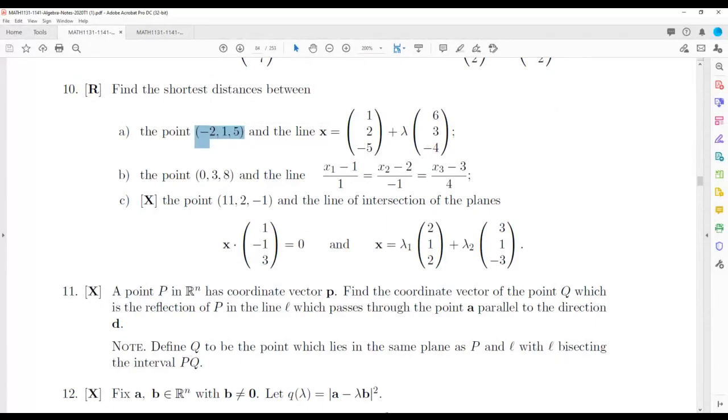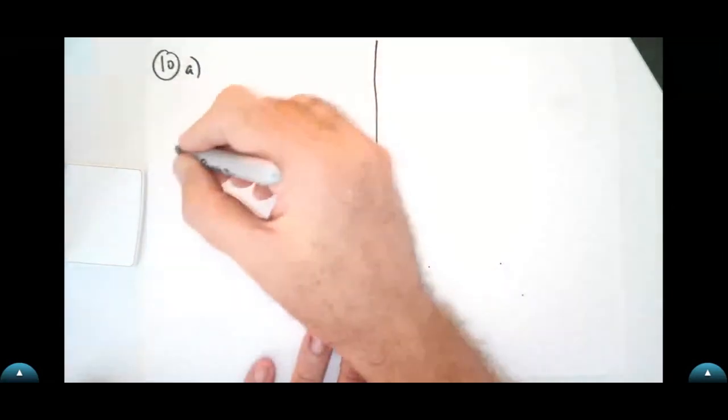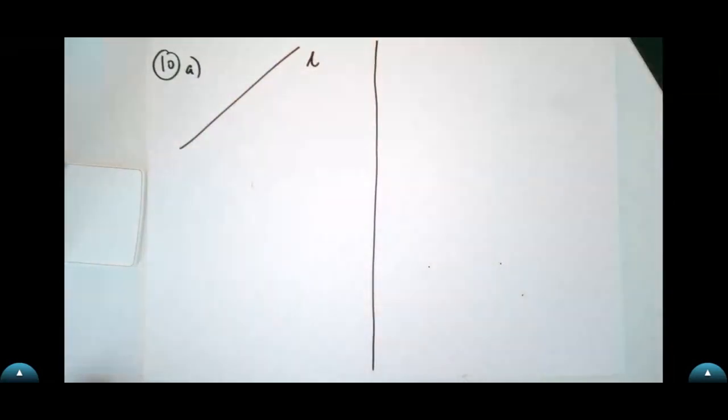Let's have a look, and I can share my document camera with you again. So the idea with this kind of problem, let me draw a picture first. So here's a line, let's say.